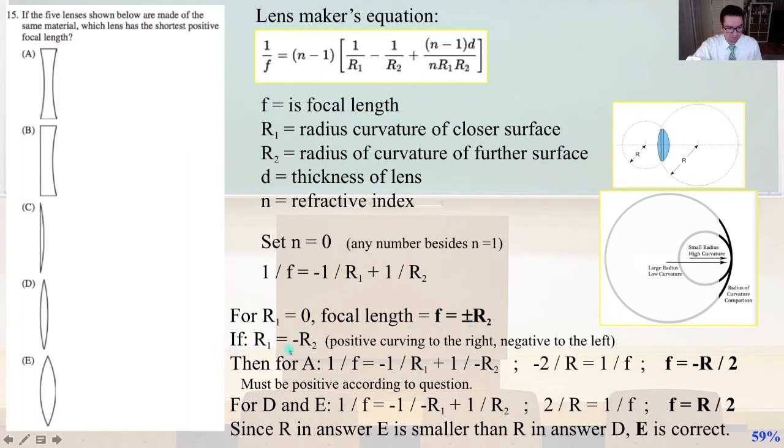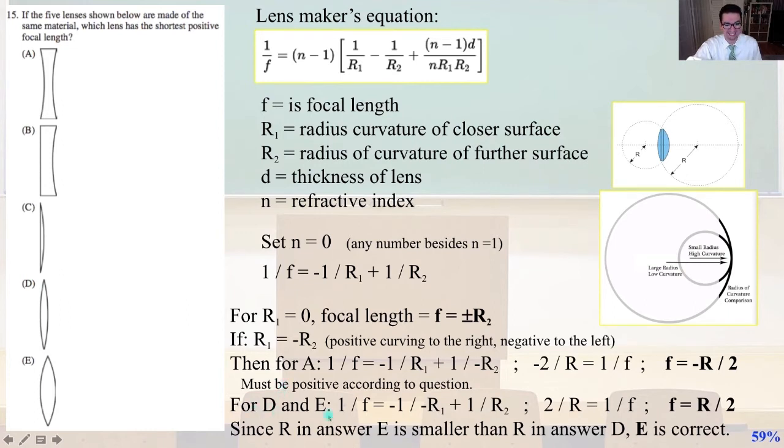If R1 equals minus R2, remember we're going to do positive curving to the right, negative to the left. Then for A, 1 over the focal length is going to equal minus 1 over R1 plus 1 over minus R2, and that's going to equal minus 2 over R equals 1 over f. So the focal length is going to equal minus R over 2. It must be positive according to the question, so we can rule that out.